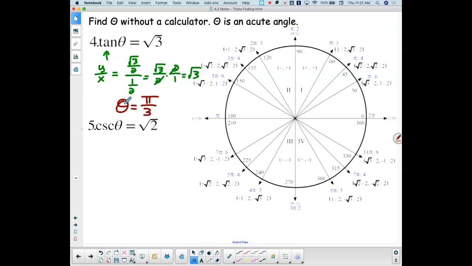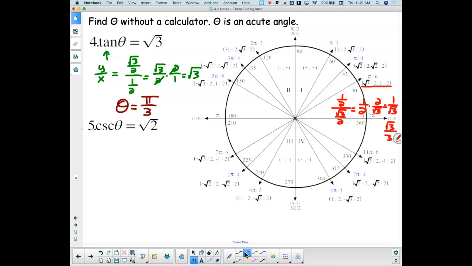Okay? Side note, just so you see, if I would have tried these two down here, I would have gotten 1/2 over the square root of 3 over 2, which would have been 1/2 times 2 over the square root of 3, which would have given me 1 over the square root of 3, or the square root of 3 over 3 if I rationalize it.